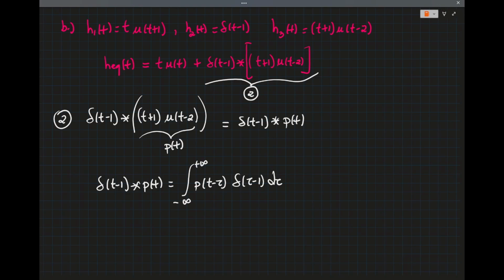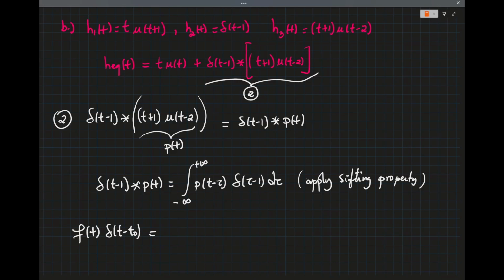Now, when you look at this, we have a product of a function and a delta function. We have to apply the shifting property, which states that f of t times delta of t minus t0 is equal to f of t0 times delta of t minus t0.